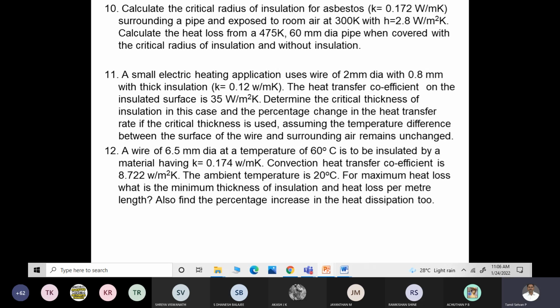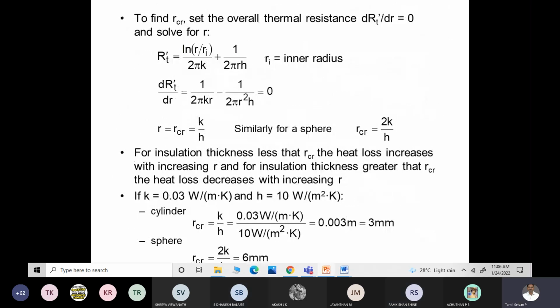All of you will be doing it, right? Yes, sir. Okay, fine, thank you. You have to find out the heat transferred without insulation and the heat transferred with insulation. Is it fine? Yes, sir.